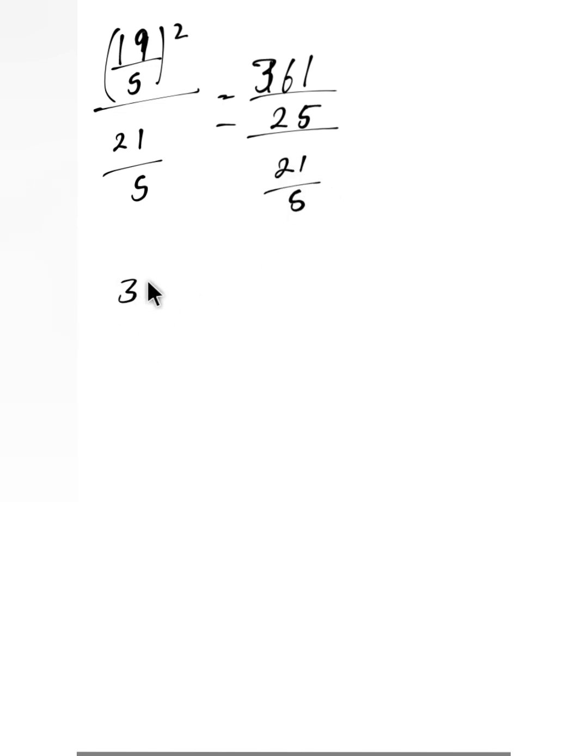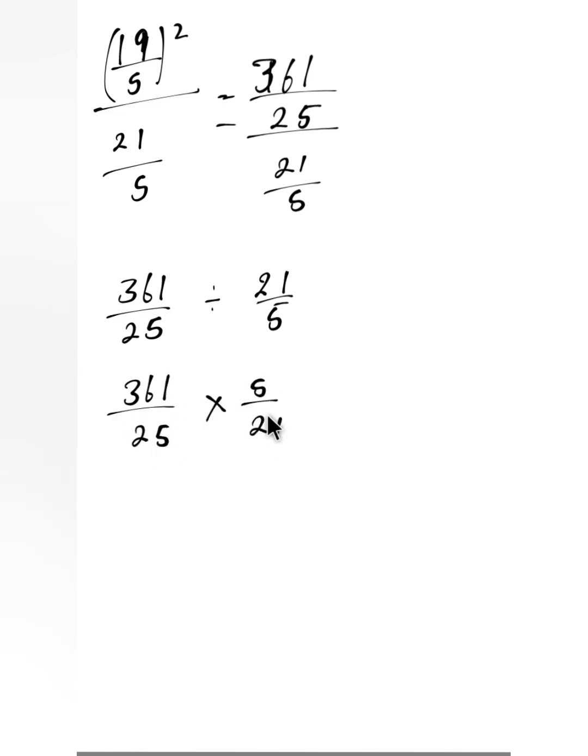So we have 361 over 25 divided by 21 over 5. And this is 361 over 25 times 5 over 21. If we turn this, take this one up, this one down, turn this 2 times. 5 here 1, 5 here 5.